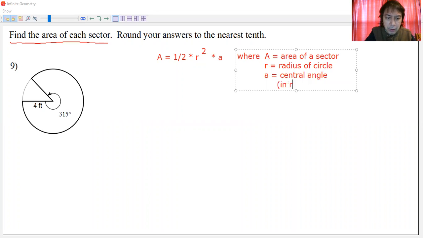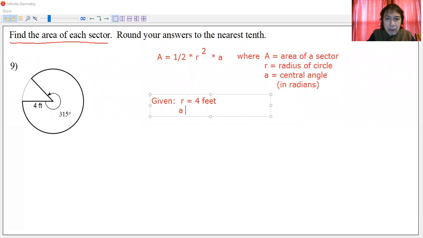This must be in radians there. All right, so we shall use the given, all right? Our given is r, and this is 4 feet there. Also, our central angle, that is 315, but this is in degrees there, okay? It's in degrees.